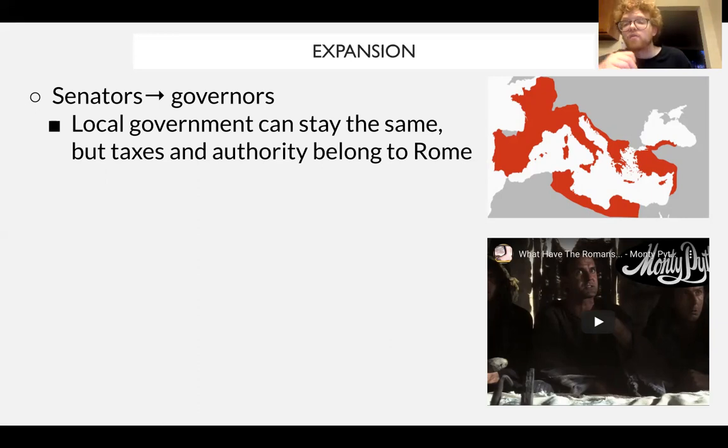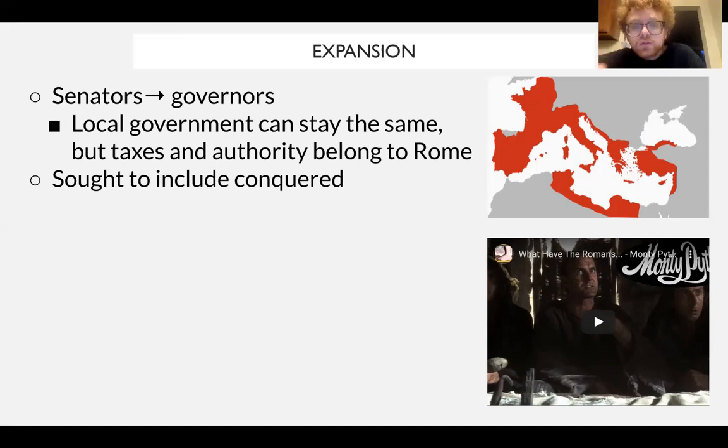So we are seeing Rome try to manage a multi-ethnic empire by allowing a degree of independence to these different groups of people, as long as at the end of the day, they still respect the authority of Rome.